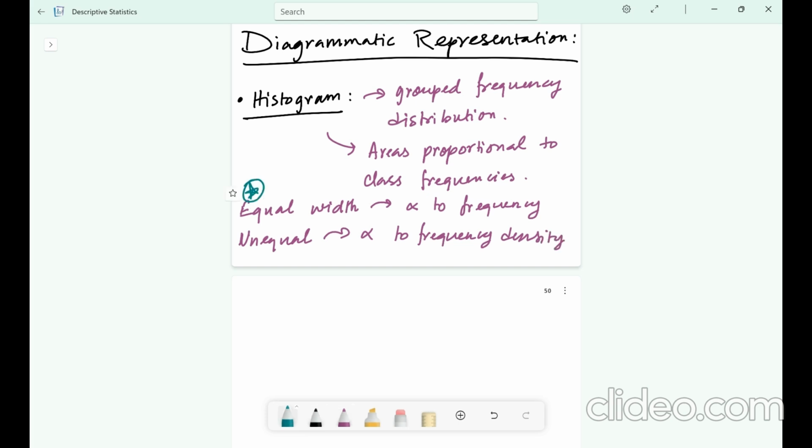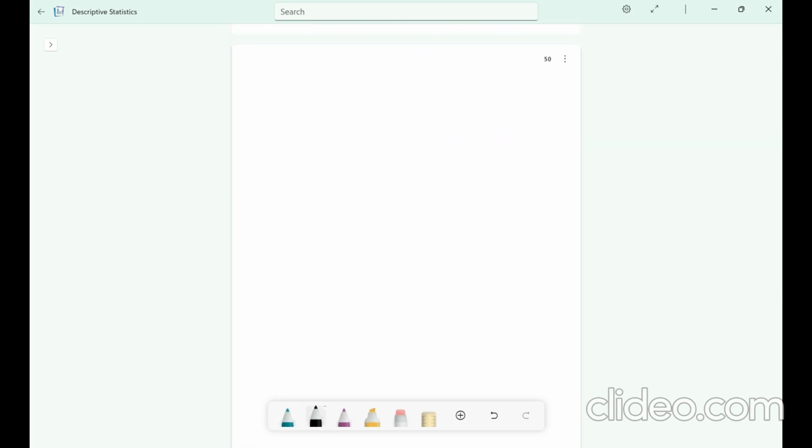Now coming to the uses of a histogram. It shows a visual representation of data.